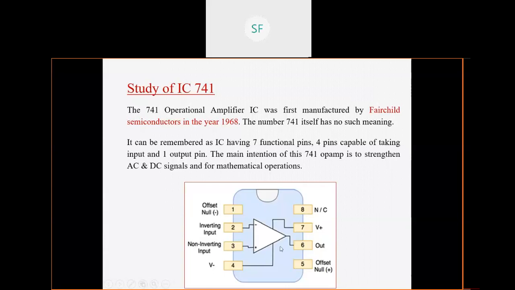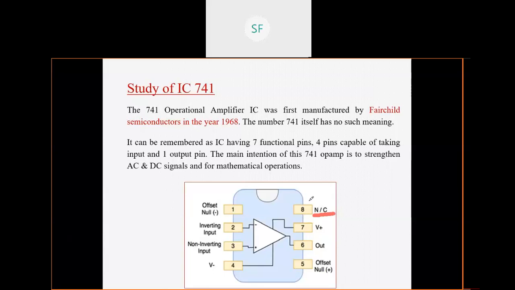Now this is the diagram of your IC. It has a total of 8 pins, but out of the 8 pins, the 8th pin is not connected. This particular pin is marked N/C. So it is not connected to anything.